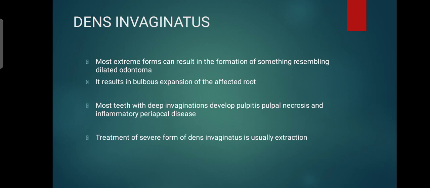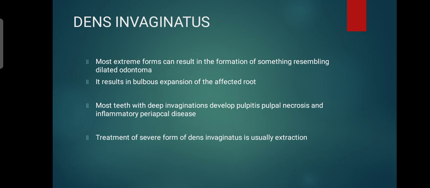Now, in the most extreme form of dens invaginatus, the deep invagination results in bulbous expansion of the affected root. This is termed a dilated odontoma, although it is not truly a dilated odontoma; it is erroneously termed so. The base of the pit or deep invagination is composed of a thin, often defective layer of enamel and dentine that is extremely vulnerable to carious destruction soon after the tooth erupts into the oral cavity.